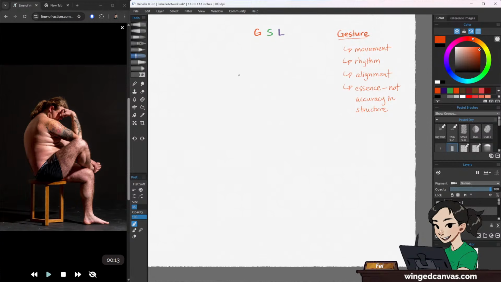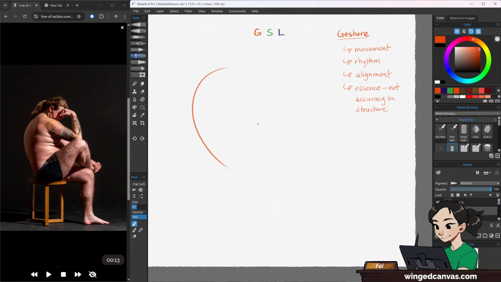So for example, for this one, the gesture of the back is very curved, right? Now you can draw that and think, oh, that's way too curved. This looks a little bit more like the curve of his back. So in some cases, you do need a little bit of accuracy. At least you want to make that pose look like the person.